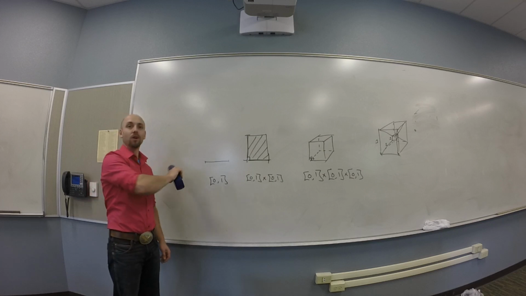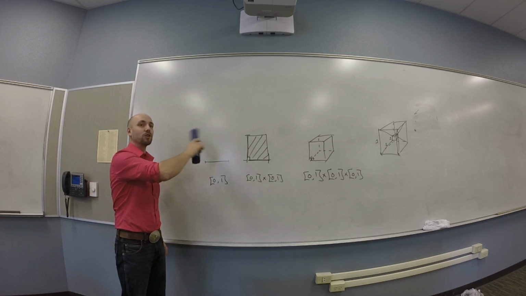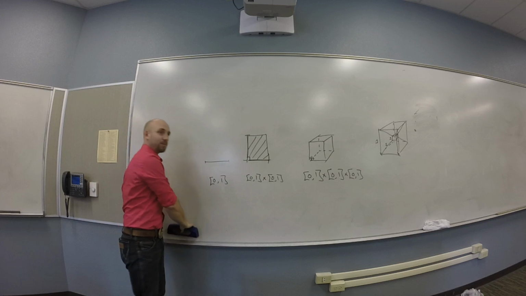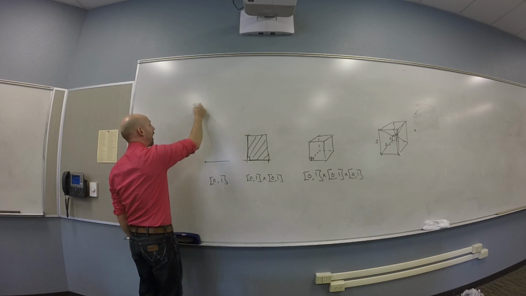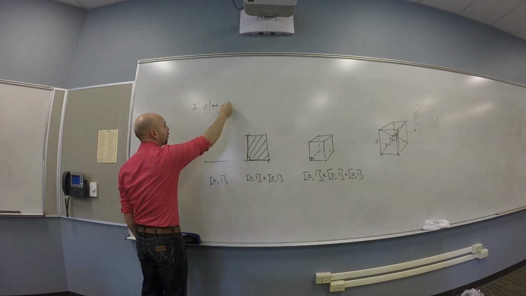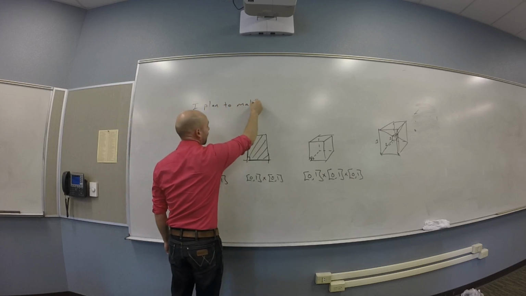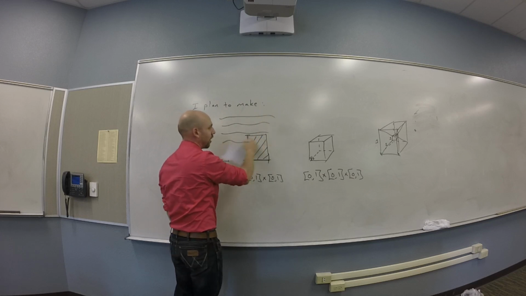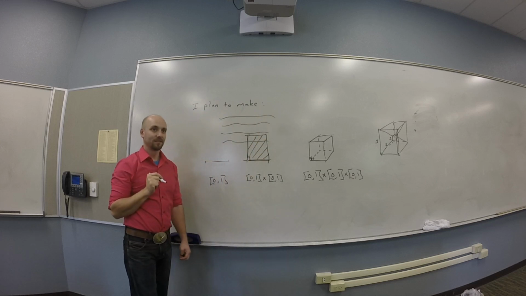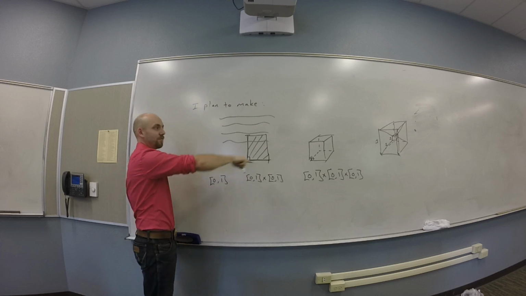Yep. So this would be what your draft should consist of. It should be like half a page. I plan to make a description of the thing. Maybe a vague sketch.